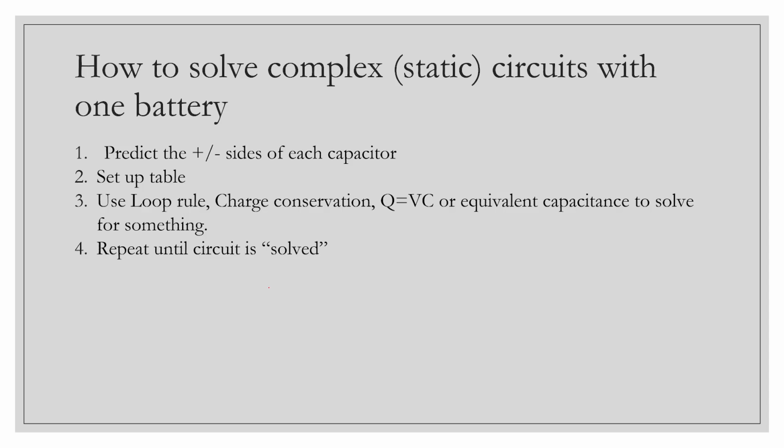Then we're going to use the loop rule, charge conservation, Q equals V times C, or equivalent capacitance to solve for something, and repeat until the circuit is solved, which means I've identified the charge, the voltage, and the capacitance of every piece in that puzzle. Now, in group 3, the hard part is identifying which of those rules you're going to use next.